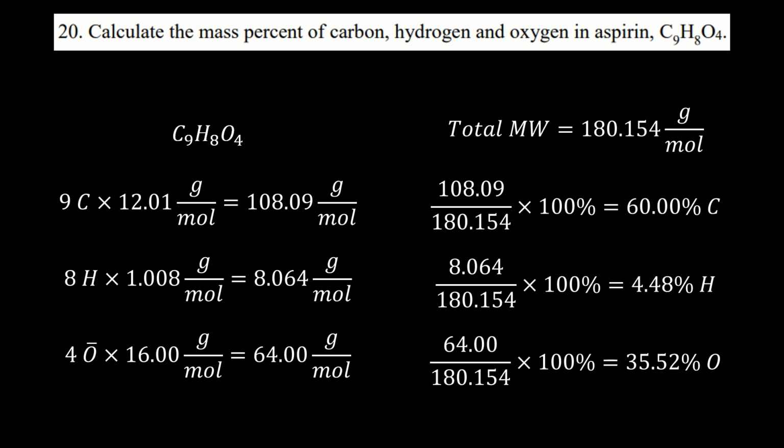So 60% carbon or C, 4.48% hydrogen H, and 35.52% oxygen O. And yeah, that would be a way of solving this type of problem of mass percents. Just essentially taking the number of each element, multiplying by their individual atomic weights, adding up those products that you get, and then taking a percentage of each relative to each element.